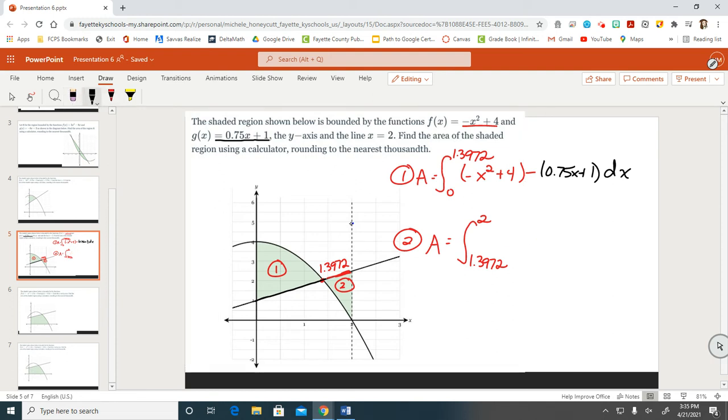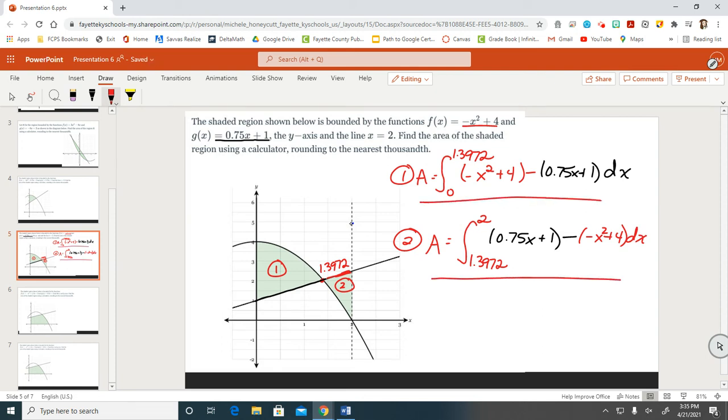The top function is now the linear function, which is 0.75x plus 1, minus, now the bottom function is negative x squared plus 4 dx. So I'll find this area, I'll find that area, add them together, and that will give you the area of the total region.